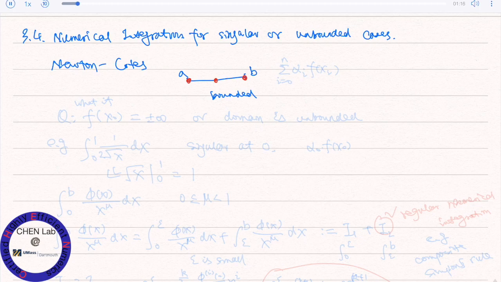And we're going to do a summation of alpha i times f at x i, i from 0 to n.